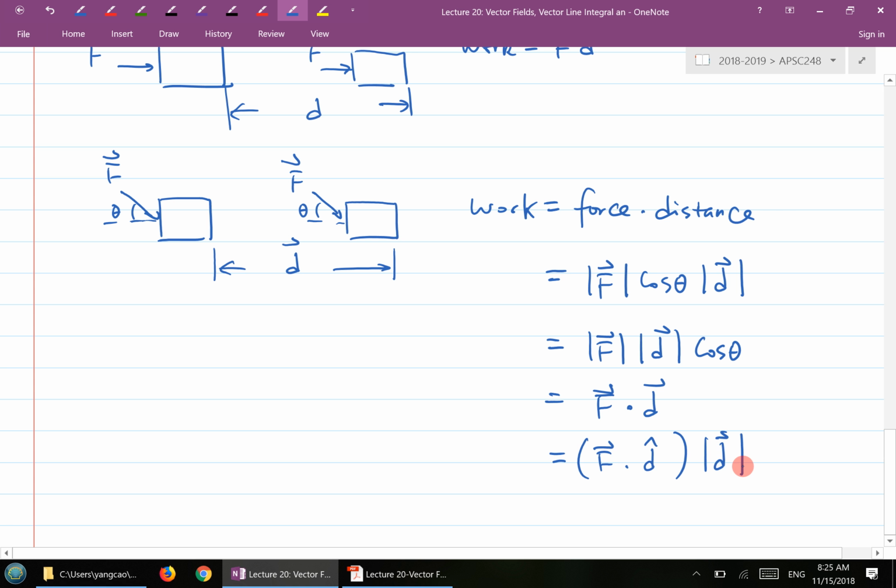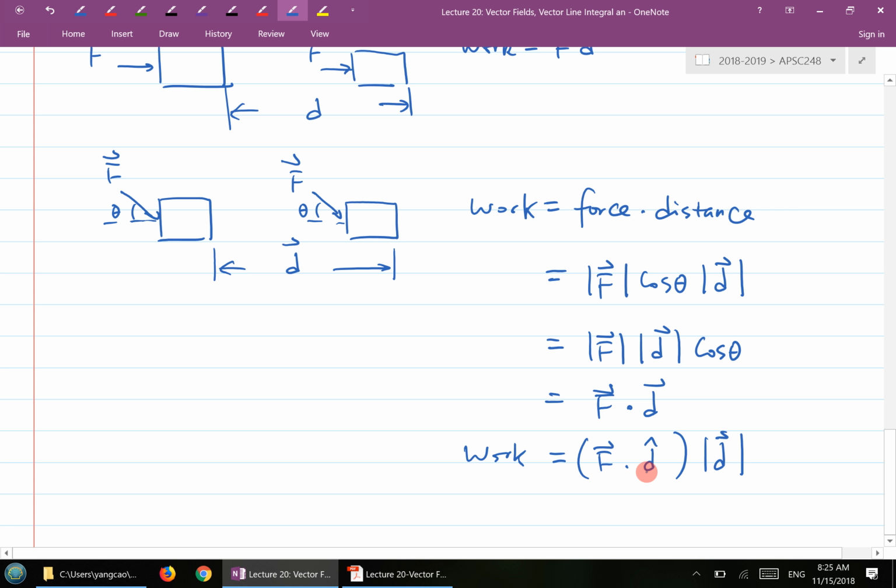Now everything actually makes a lot of sense. If you look at this simple expression, look at the brackets here. What does F dot d hat tell us? Whenever you use a vector dot a unit vector, what does that give us?